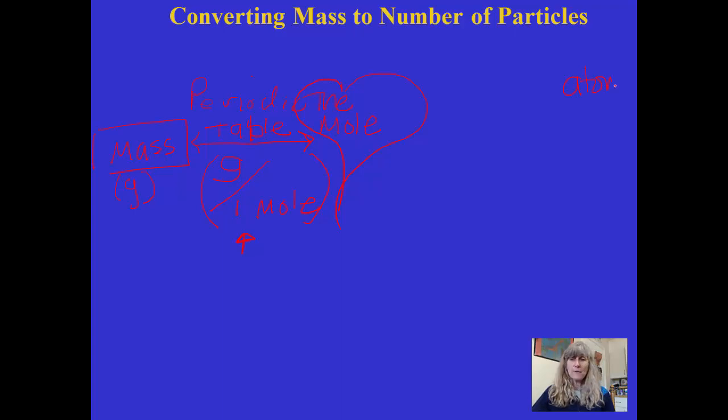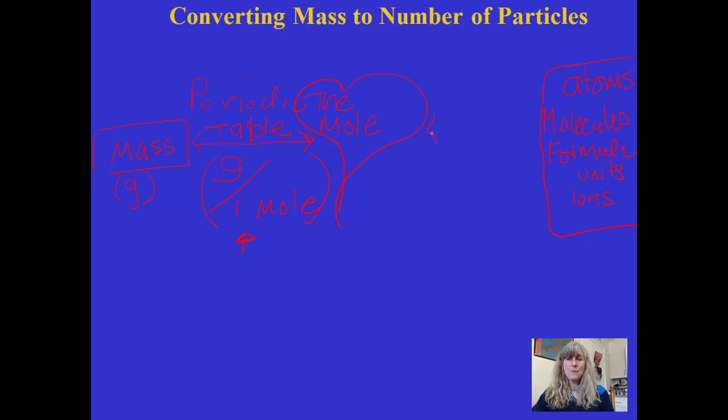So what if I want to know particles? Particles might be atoms, molecules, formula units, ions, electrons, anything really small. These are our particles. How am I going to get there? Have to go through the mole, near and dear to my heart.